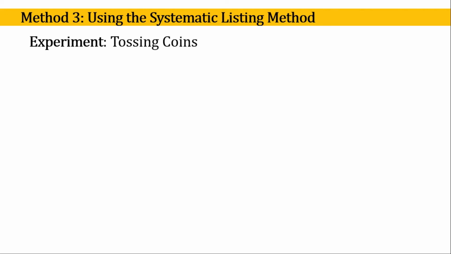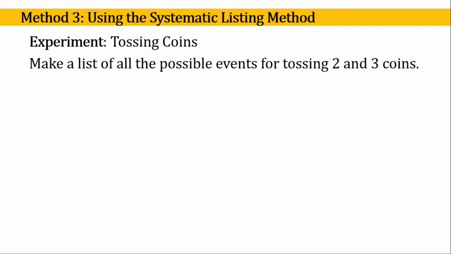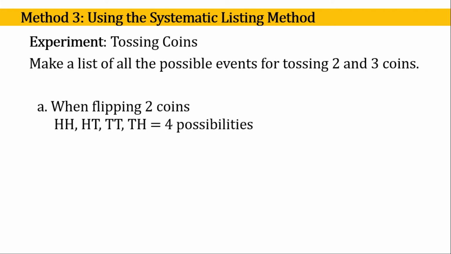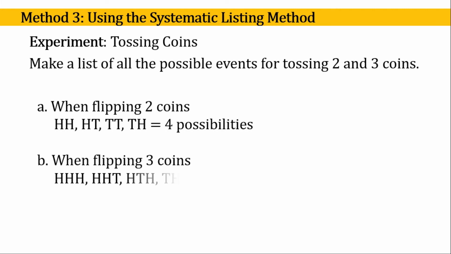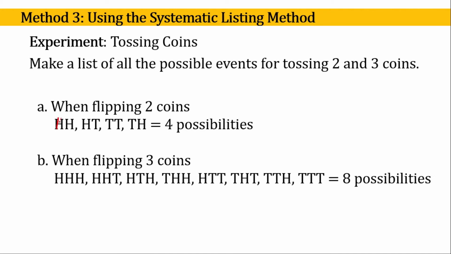The systematic listing is where you list all the possible outcomes systematically. So make a list of the possible events for tossing two and three coins. All you have to do is to list them systematically. So the first toss is head, then it could be head head, head tail, tail head, or tail tail.